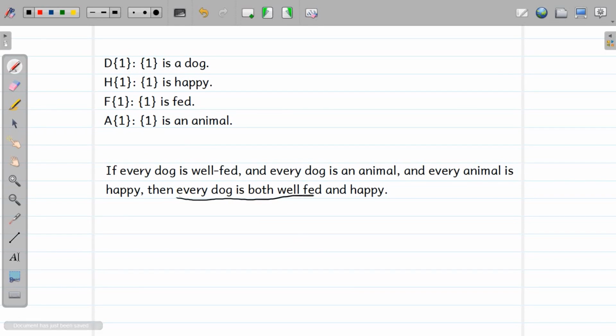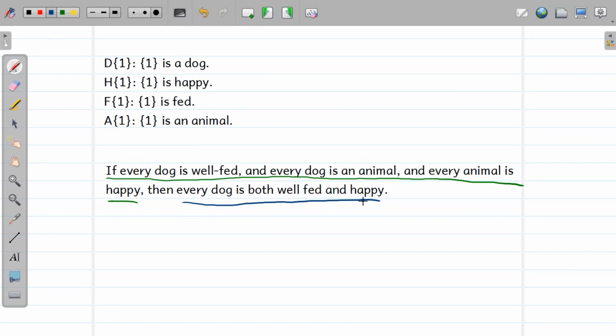So we've got if every dog is well fed and every dog is an animal and every animal is happy, then this stuff. Does that seem right to all of you? So we've got a conditional with the following structure: something, something, then something else.